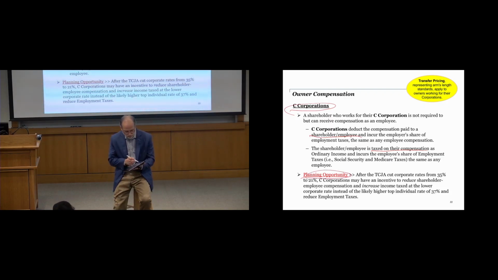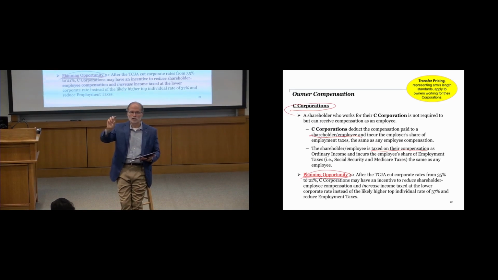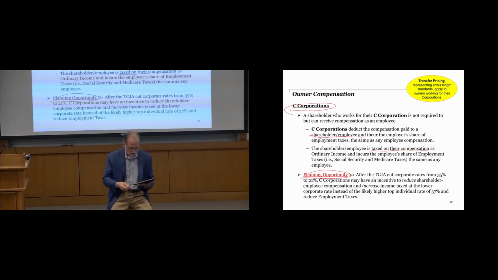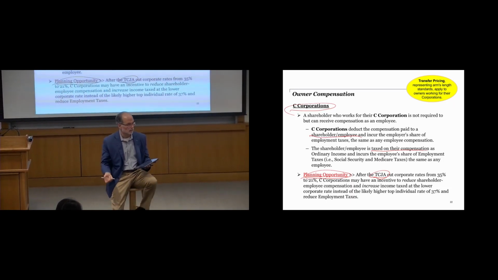So I'm going to go through some planning opportunities here. And this is comparing the choice of business entity based on how you're going to compensate the employee, if they happen to be an owner. Okay. So after the Tax Cuts and Jobs Act of 2017, corporate tax rates went from 35 to 21, as you know.